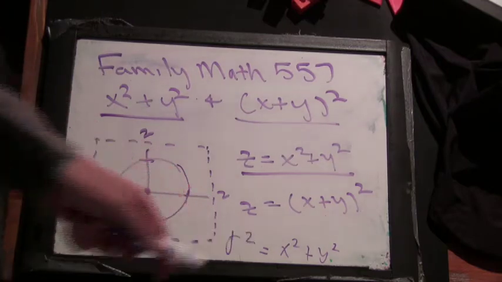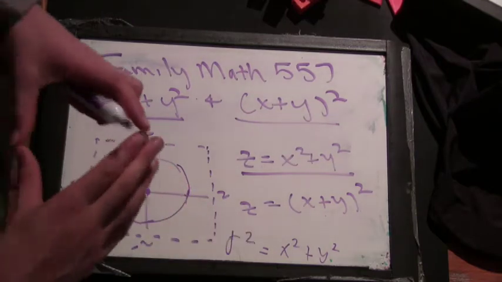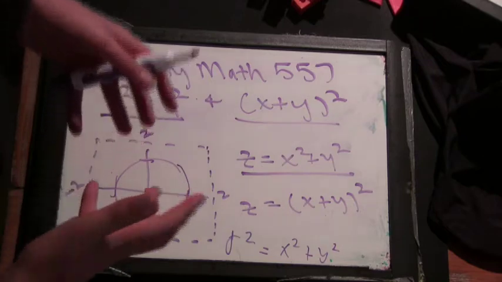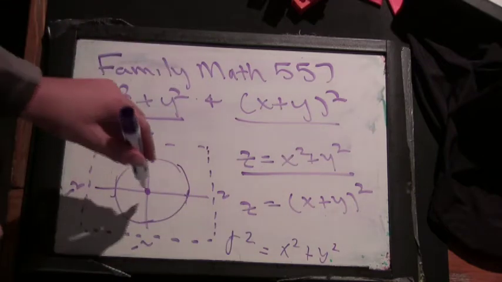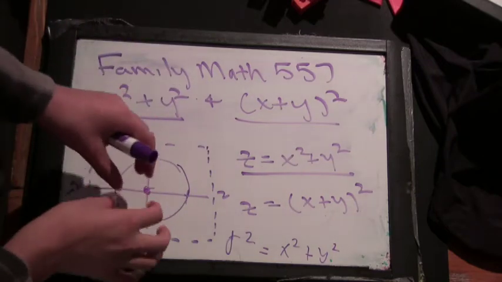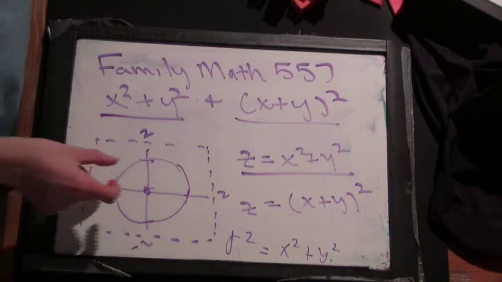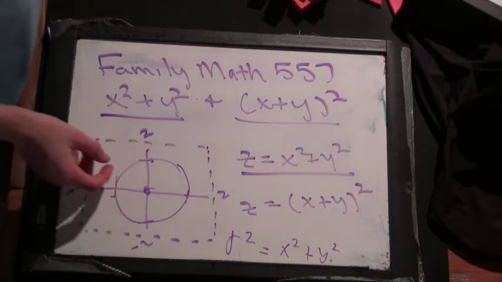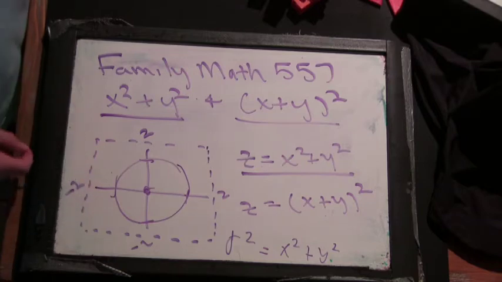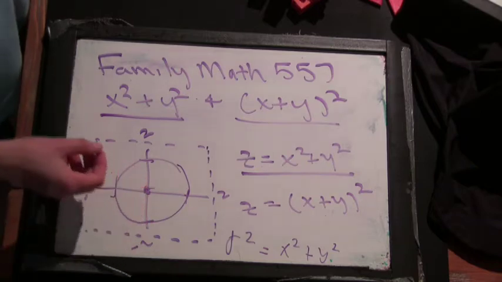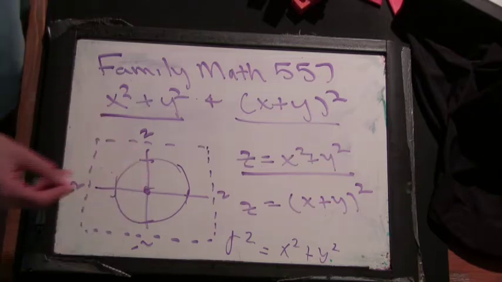If z is 2, you still get values for x and y that work. It starts as a point and gets bigger and bigger circles, because if you make z go up, you'll always find values that work. So it'll look kind of like a parabola.